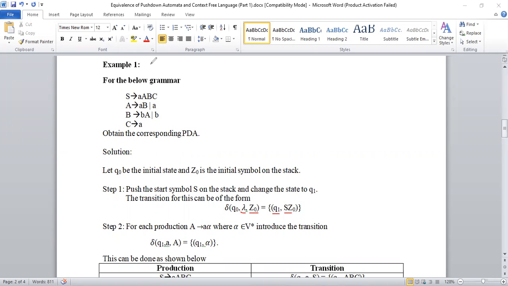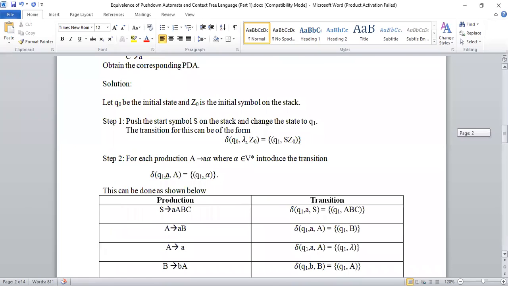Now for any production in this form, that is S to small a A B C, the corresponding transition function is delta Q1, where a is a terminal symbol, consuming a as input, with S on the top of the stack, we go to the state Q1 and push alpha, that is ABC, onto the stack.